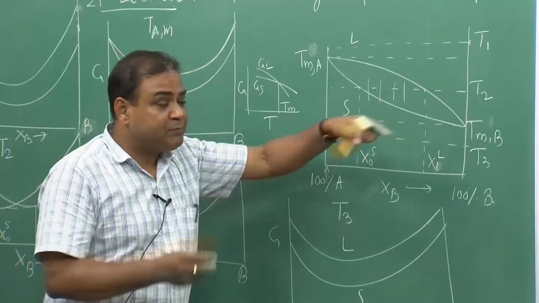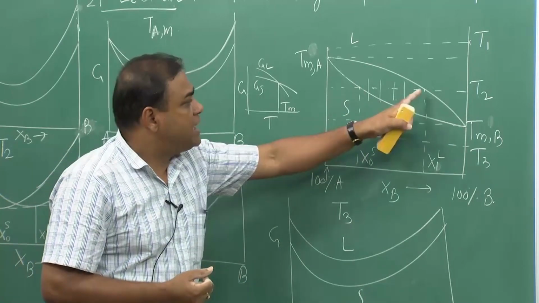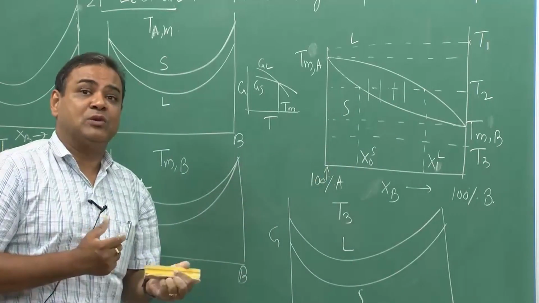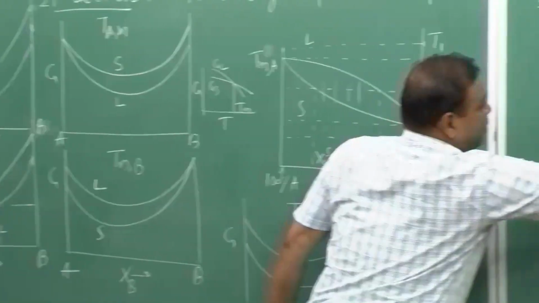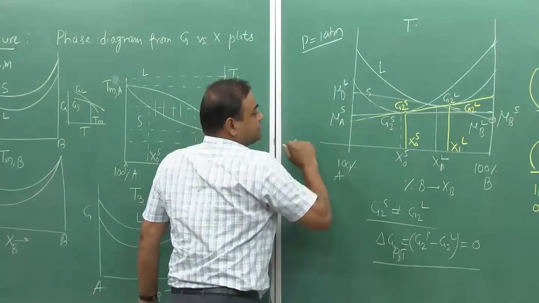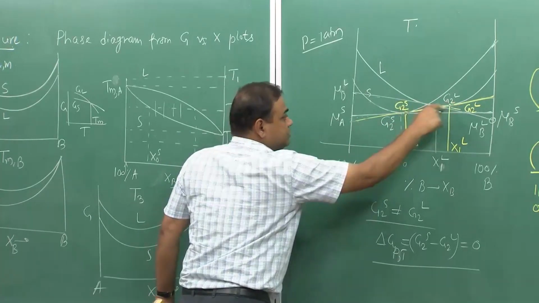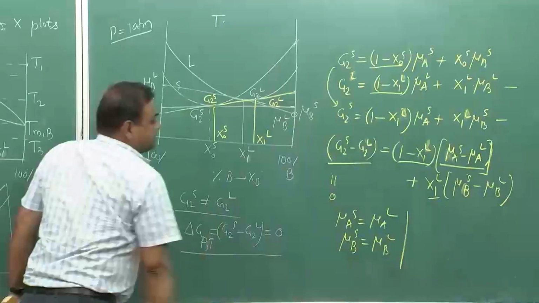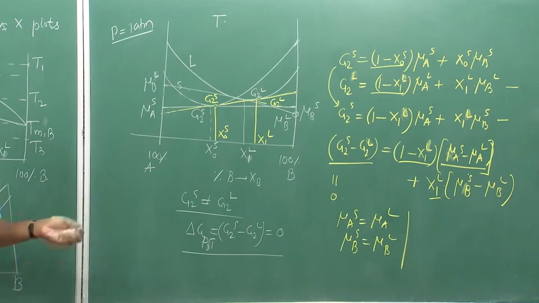The composition of solid would be this one and the composition of liquid would be this one, and these two phases are in equilibrium. Why? Because if we draw the common tangent for the liquid and solid free energy curves, these two compositions fall on the same line and this condition is satisfied, and then we say that these are in equilibrium.